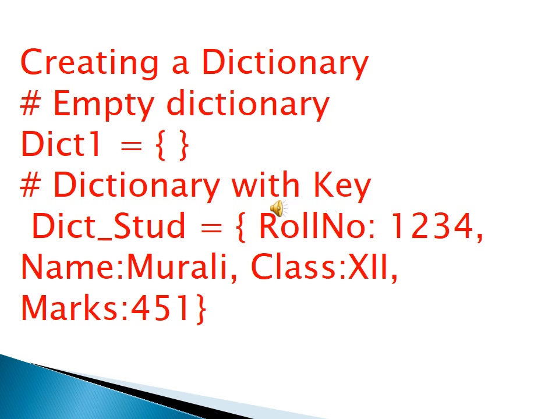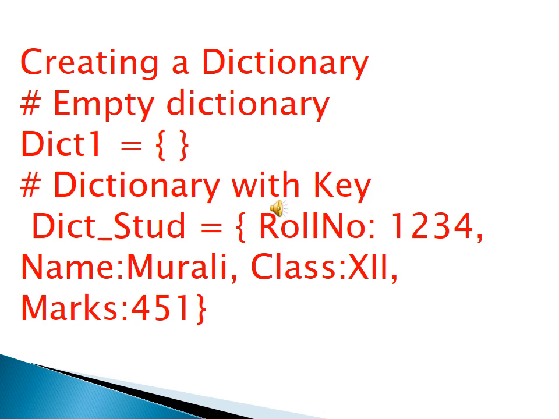The key is roll number and the value is 1. The next one is the key name, which refers to the value. Next one, class is the key with its value. Then marks 451.